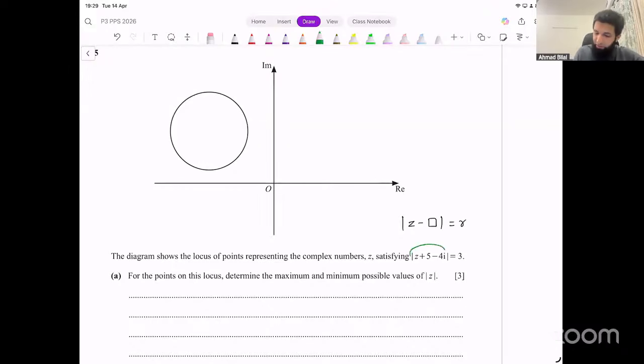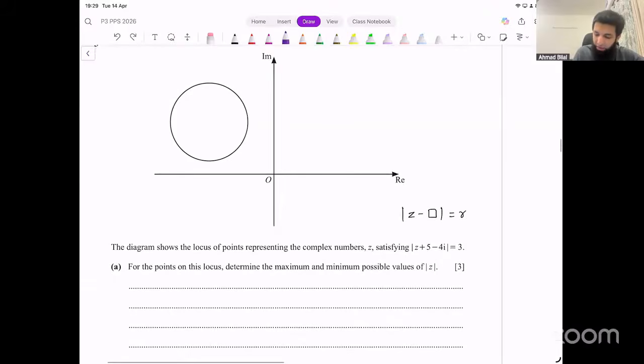Now, first of all, let's convert it to that form. Convert it to the standard form with minus common outside. It will look like this, modulus of Z minus (negative 5 plus 4 iota), that is equal to 3. And now we know the center of this circle is negative 5 plus 4 iota, and the radius is 3.